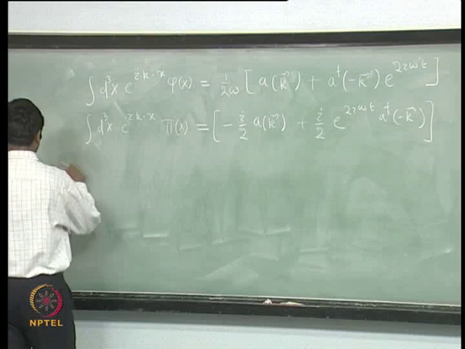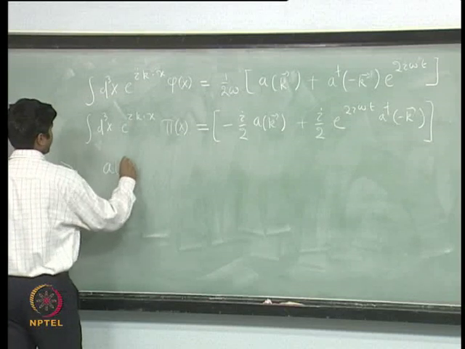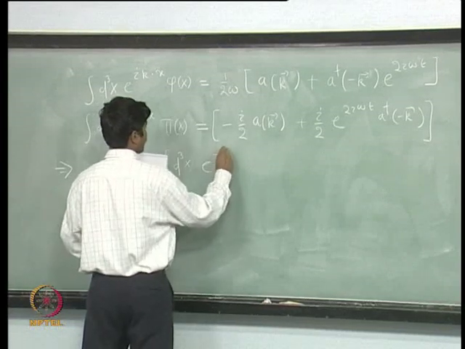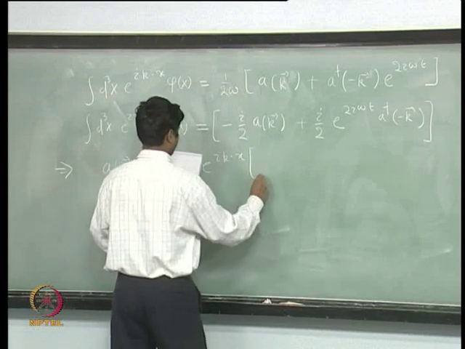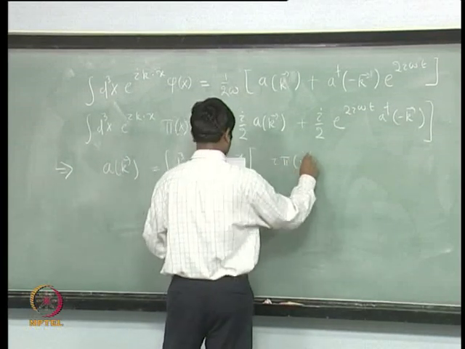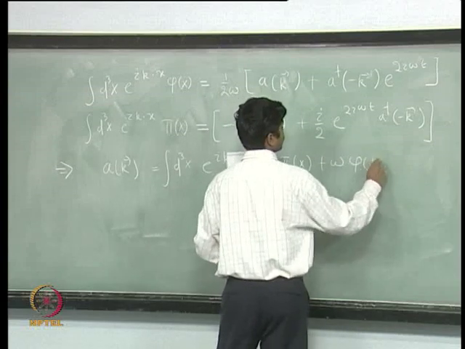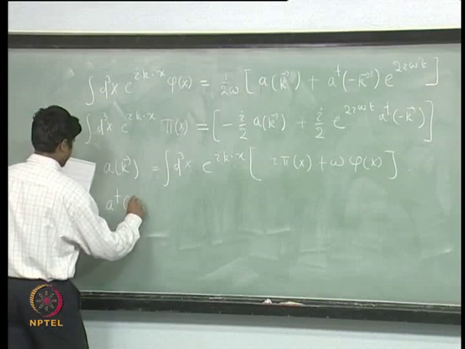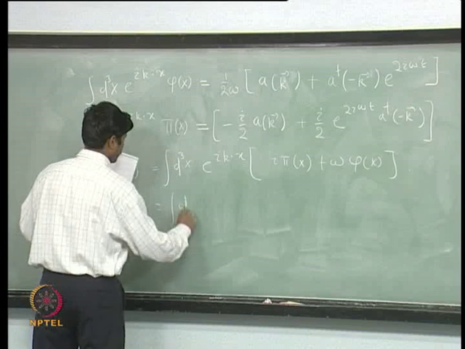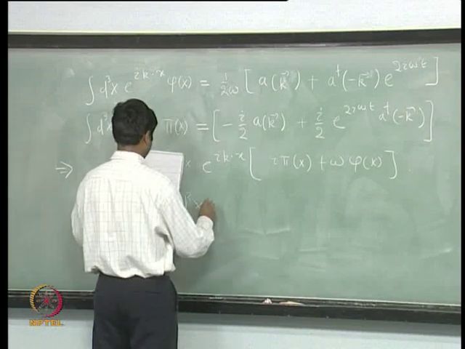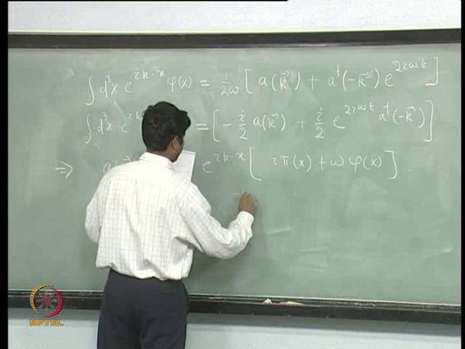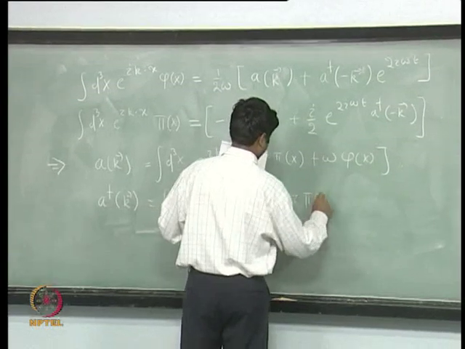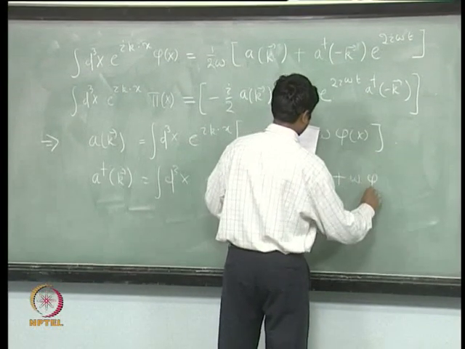So, this basically implies A of k to be integration d cube x e to the power i k dot x times (i pi of x plus omega phi of x), and A dagger k is equal to integration d cube x e to the power minus i k dot x times (minus i pi of x plus omega phi of x).